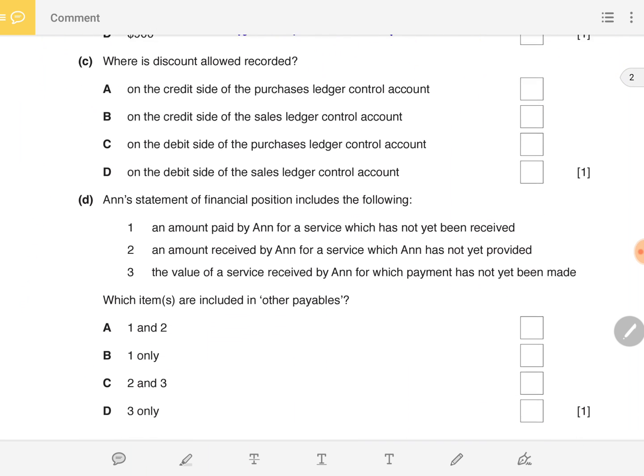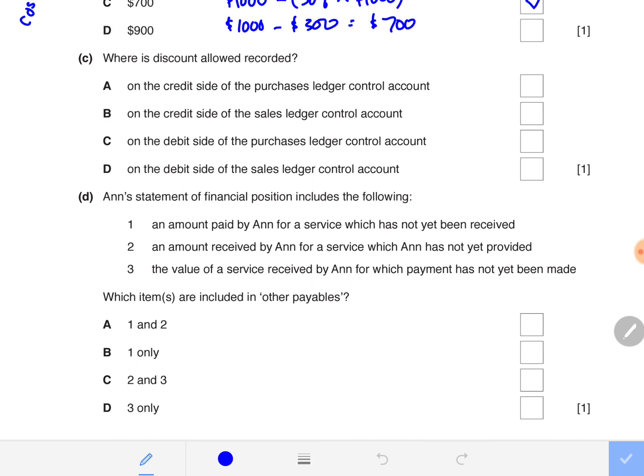Continue. Number 3. Where is discount allowed recorded? Discount allowed means the business is allowing discount to customers. It's on the credit side of the sales ledger control account. Sales ledger control account is the same as trade receivables.